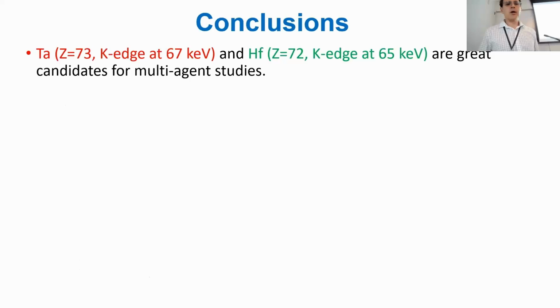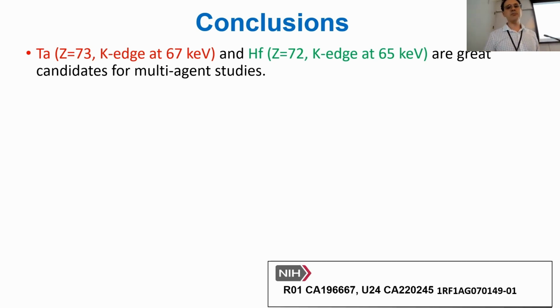So in conclusion, we looked at these elements and we found that tantalum and hafnium were very well aligned, let's say, with the thresholds, at least they are fixed for us at Duke now with the 65 keV that we have on that scanner.